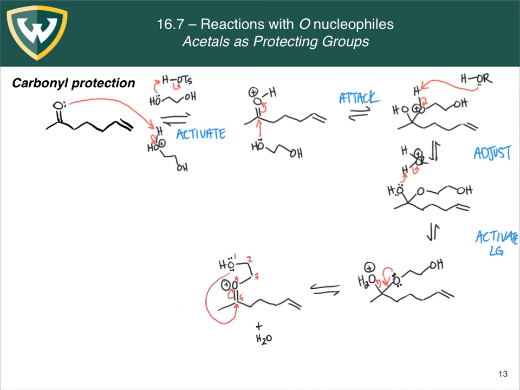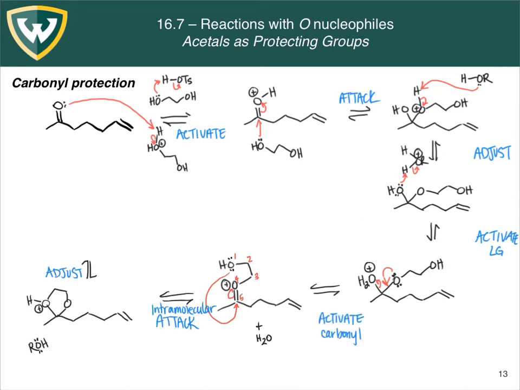Making a 5-membered ring is favorable from an entropy standpoint. So now we can deprotonate to get to our final compound, and we've regenerated our catalytic species.